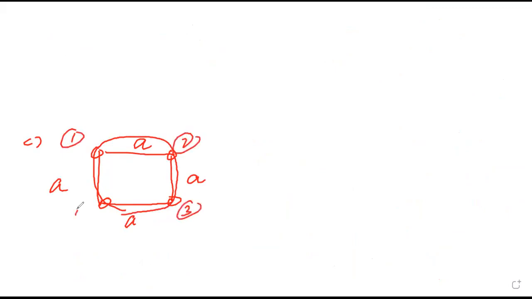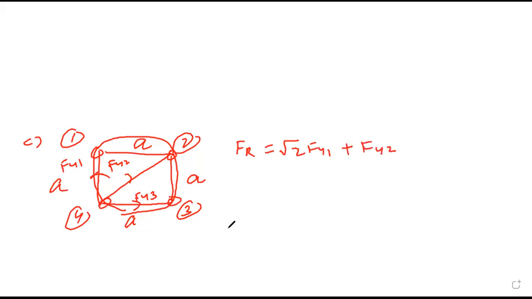If these are 4 masses, consider any one mass. The force acting on it will be due to the other 3: force on 4 due to 1, 4 due to 3, and 4 due to 2. The net force will be root 2 times the force of 4 due to 1 and 4 due to 2, because these two are perpendicular and equal.